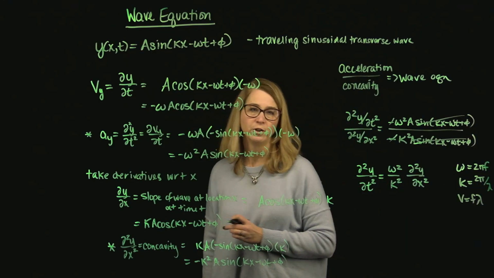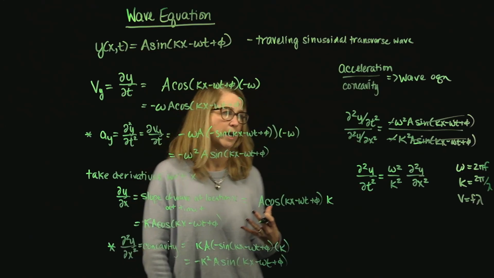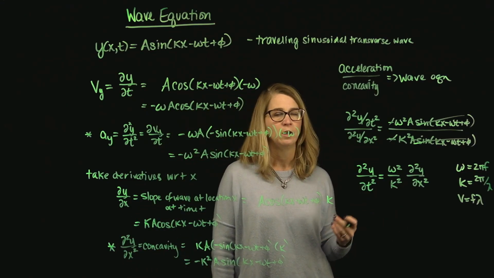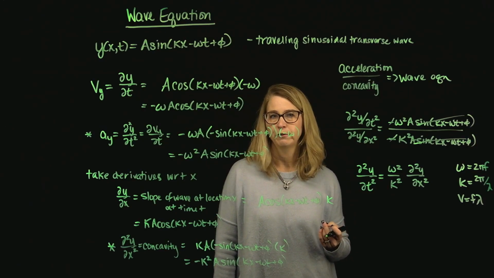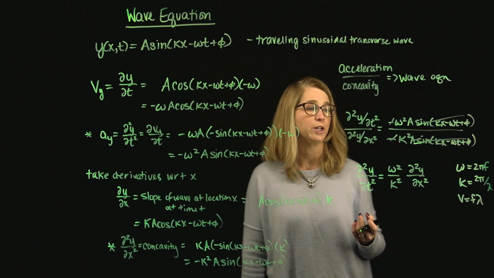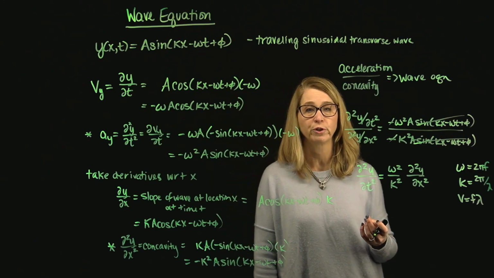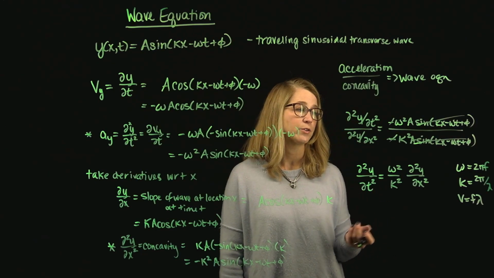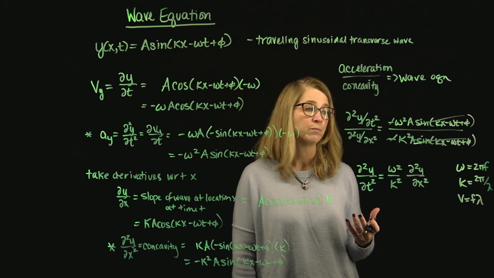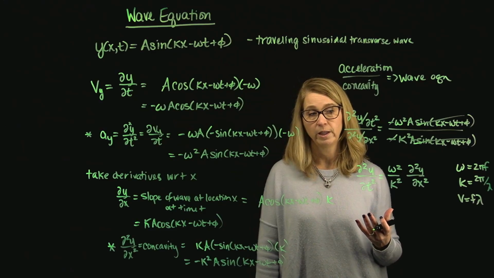just reminding you of some things we learned as we went through this chapter on waves. Omega is the angular frequency, which should be a review from harmonic motion, and is equal to 2 pi times the frequency. k is a new constant for us. We call it the wave number, and it's equal to 2 pi over lambda.